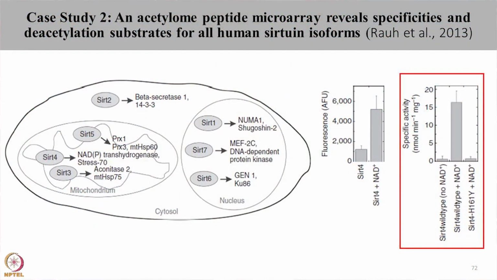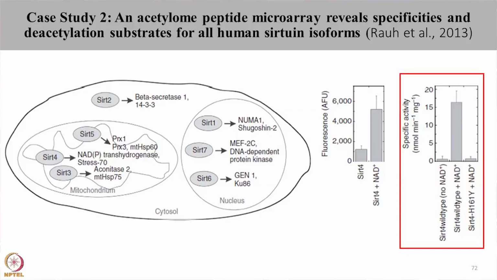To confirm this deacetylation activity of sirtuin 4, the deacetylation of NADP transhydrogenase stress 70 protein was performed using wild type sirtuin without NAD, wild type sirtuin with NAD, and a mutant sirtuin which did not have the deacetylase activity. When the substrate was incubated with wild type sirtuin 4 and with NAD, a strong deacetylation activity was seen, confirming that NADP transhydrogenase stress 70 protein is a substrate for sirtuin 4.